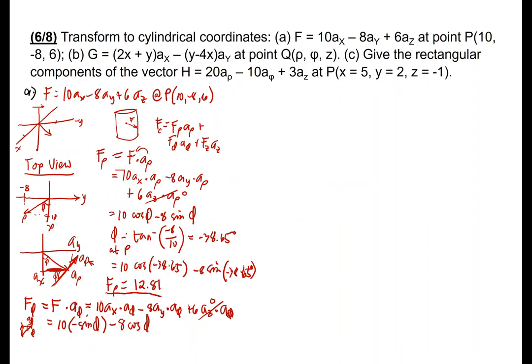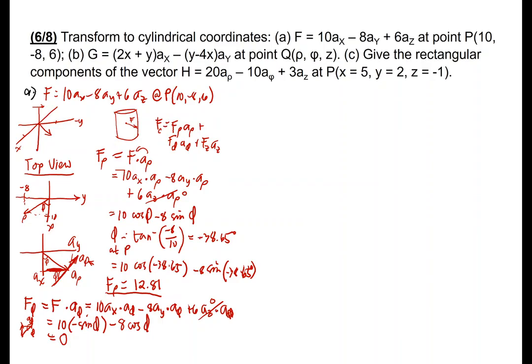So you just substitute the value for your φ. This becomes negative 10 sine φ minus 8 cosine φ. When you substitute the value, this is 10 times negative sine of 38.65 minus 8 times cosine of 38.65, which is actually equal to 0.